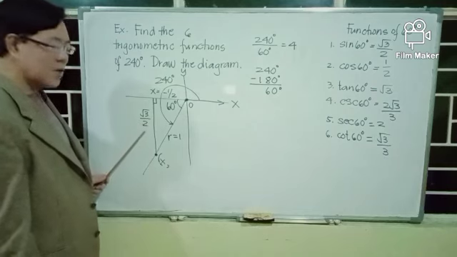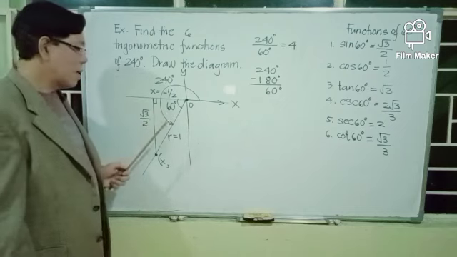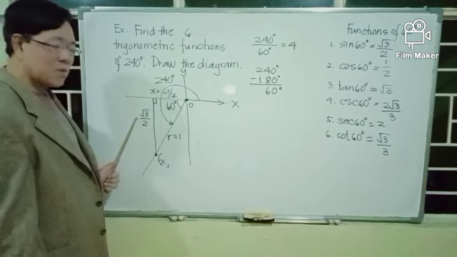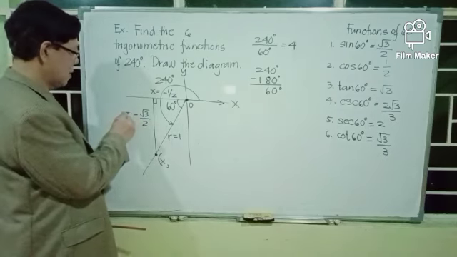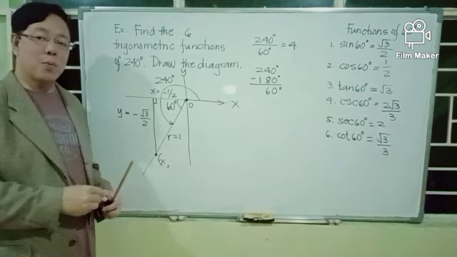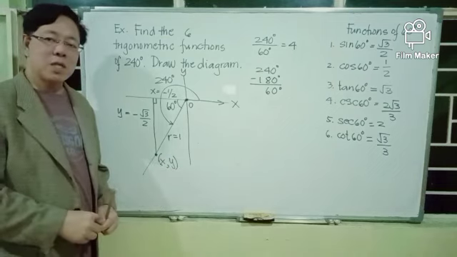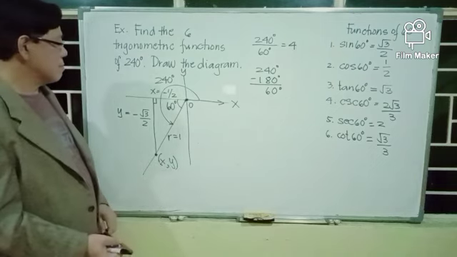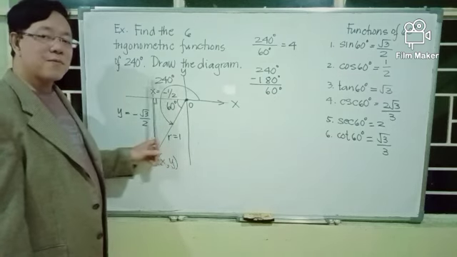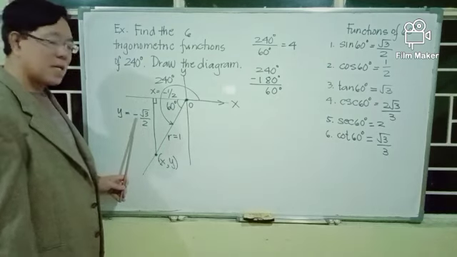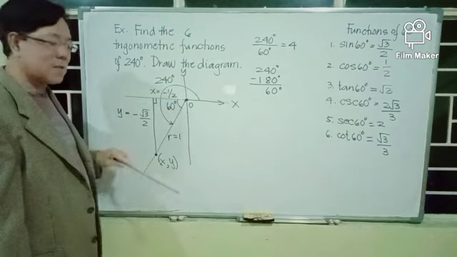Square root of 3 over 2 is the length of this side opposite 60 degrees, but as the coordinate of this point, we write negative. The negative sign here indicates that the point is to the left of the y-axis, and the negative here indicates that the point is below the x-axis.